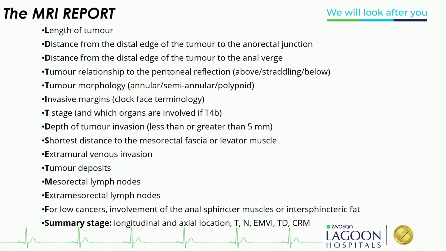And how far has it spread into the fat? How far has it spread into the surrounding organs? Is there venous invasion? Are there tumor deposits? All this information is basically included in the radiology reports, because all of this is very, very key information to the surgeon. So if the report does not contain any of this, it's not complete.